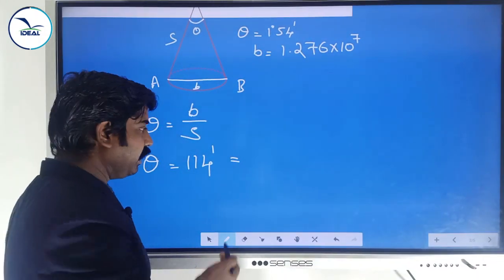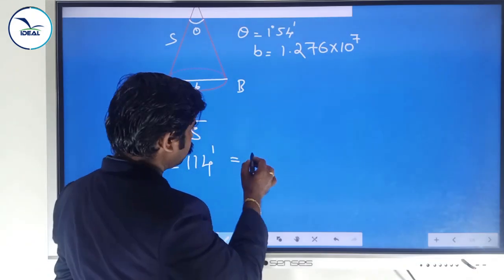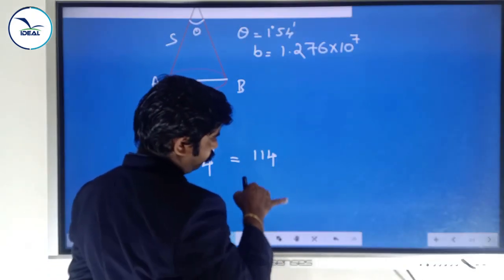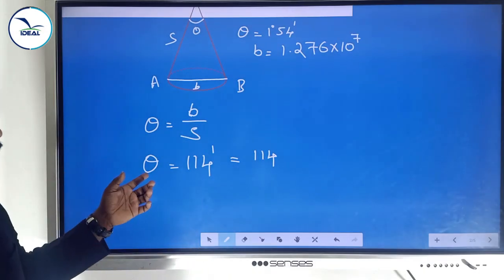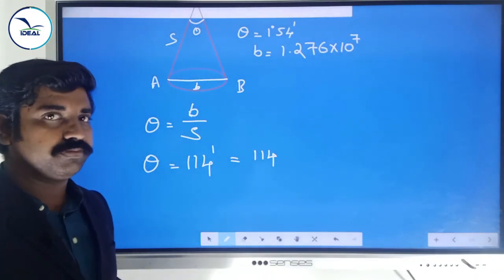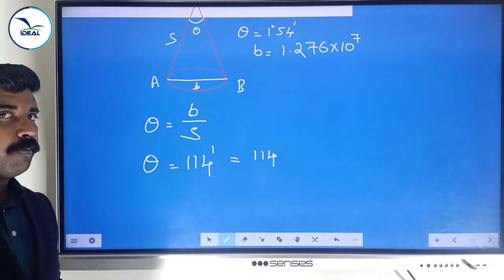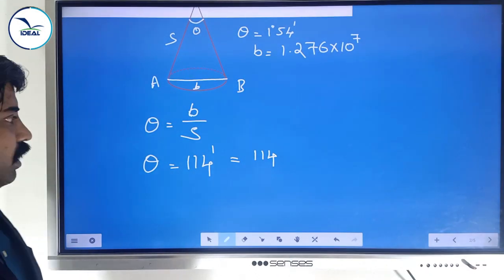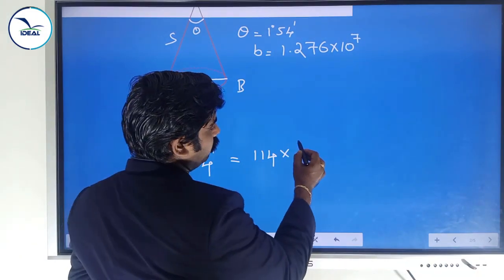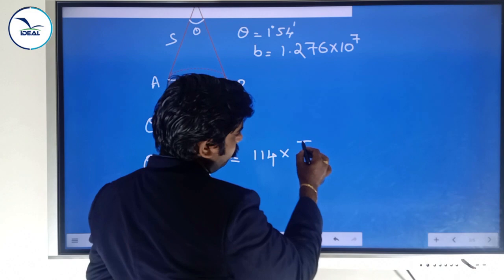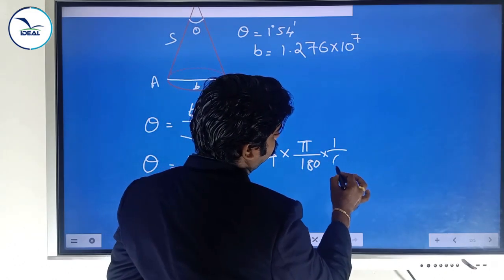So we can multiply 114, that is in minutes, with a conversion value. For that we have some relations: 1 degree is equal to pi by 180 radian. So 1 minute is equal to pi by 180 into 1 by 60.